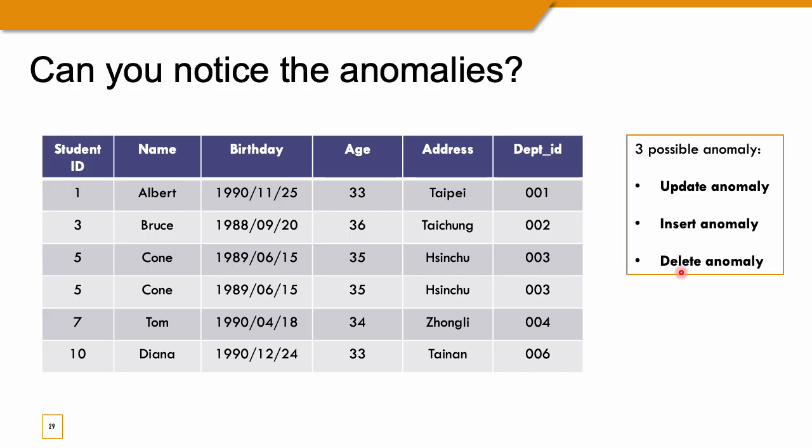For example, in the table, if you want to delete the department 006, then the details of Diana will also be deleted because Diana's details are dependent on the row of 006. So there will be delete anomalies in this table.